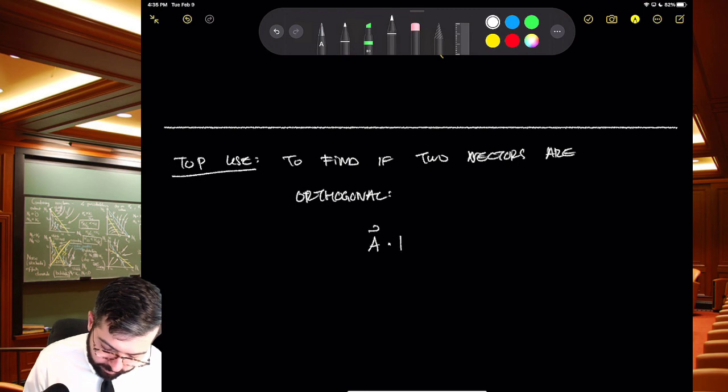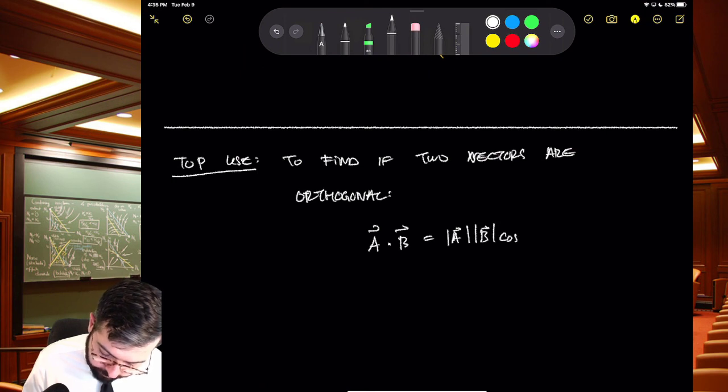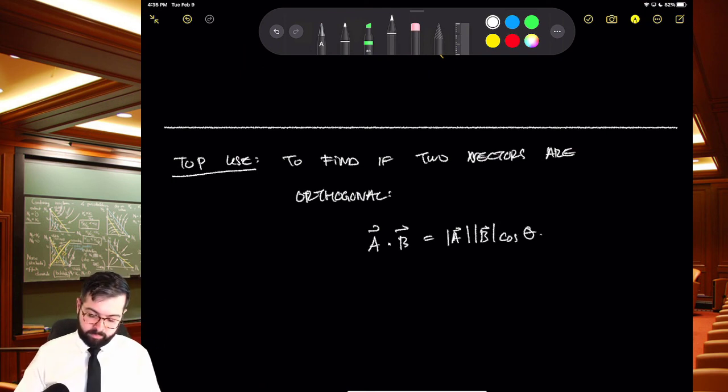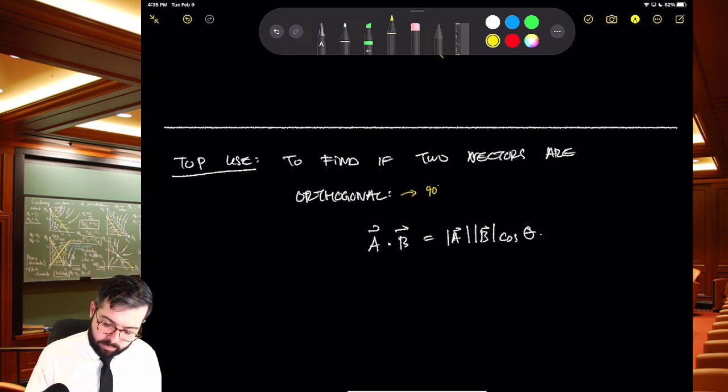How would this help me do that? The dot product equals 0 if they are, right? Exactly.